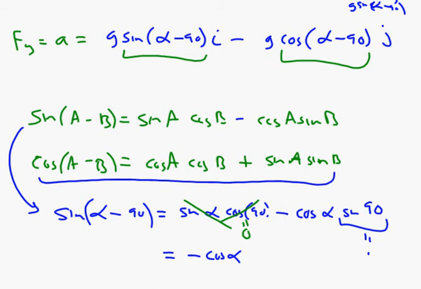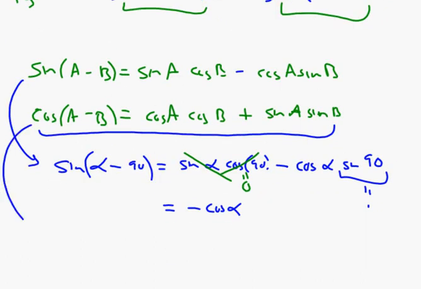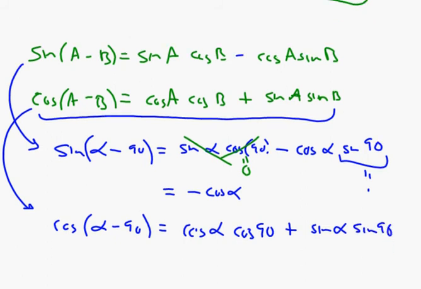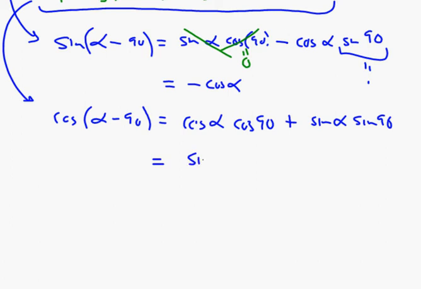For the other piece, we're going to have the cosine of alpha minus 90, and that's going to equal the cosine of alpha cosine of 90 plus the sine of alpha sine of 90. When that's all said and done, you get just the sine of alpha. Now we're ready to rewrite our acceleration function.